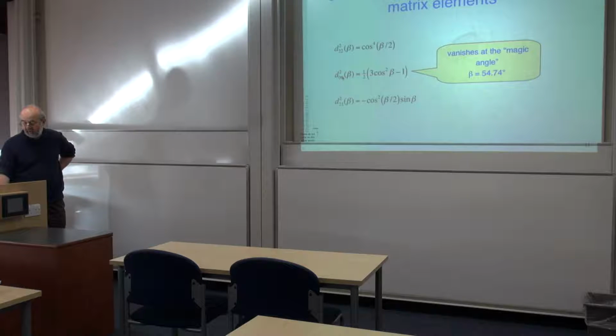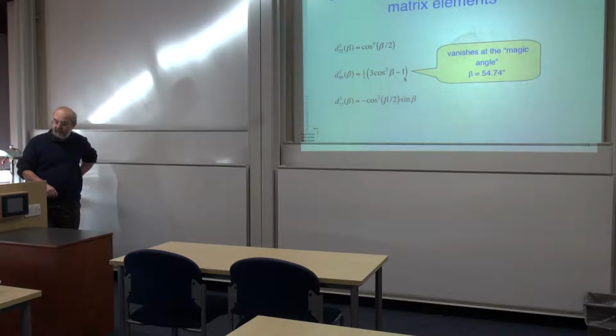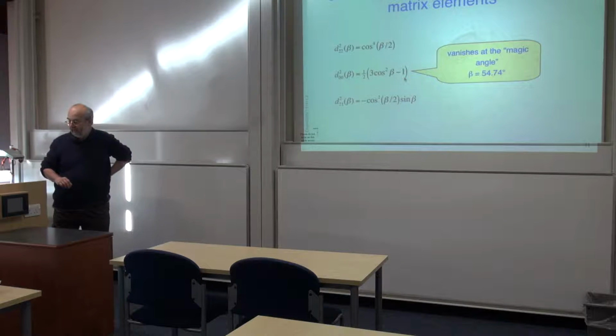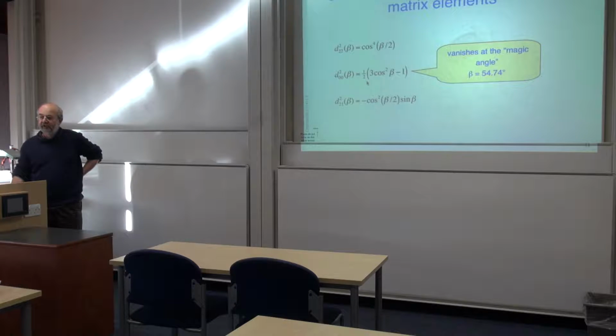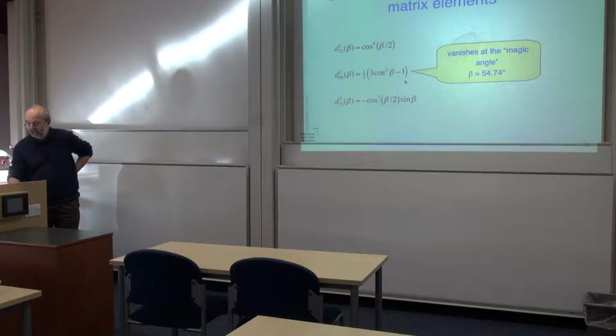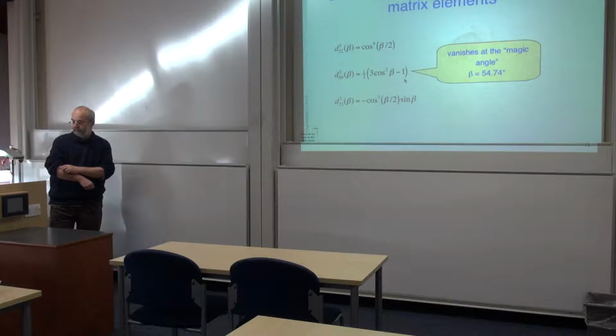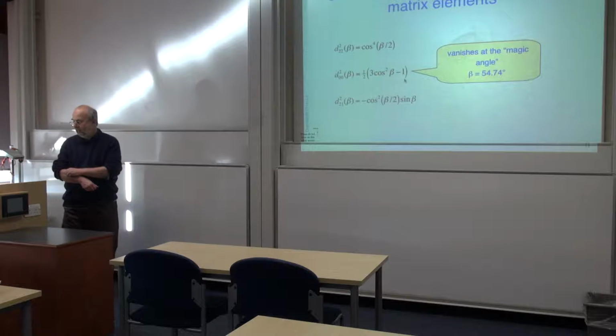The one right in the middle of the matrix, so rank 2, component 0, row 0, column 0, is this famous function, a half, 3 cos squared beta minus 1. And that's characteristic of rank 2. And very importantly, when beta is the magic angle, this single element vanishes. And from that, all sorts of properties follow.